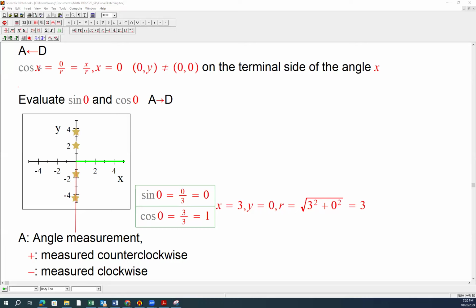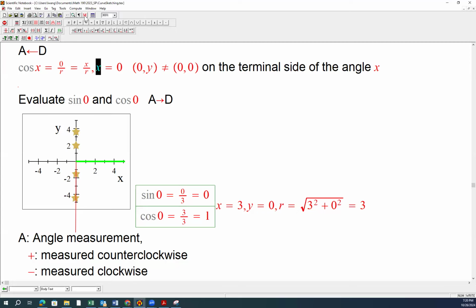So what are these angles? x basically represents angles. I'm sorry, it's a little bit confusing here. Let me go back and use my red and blue.